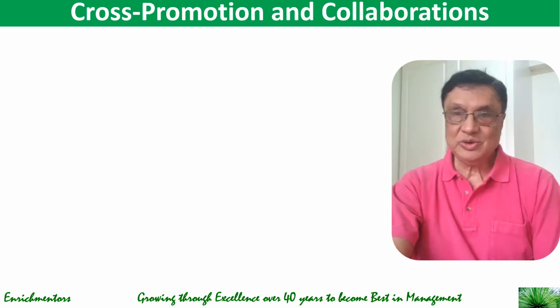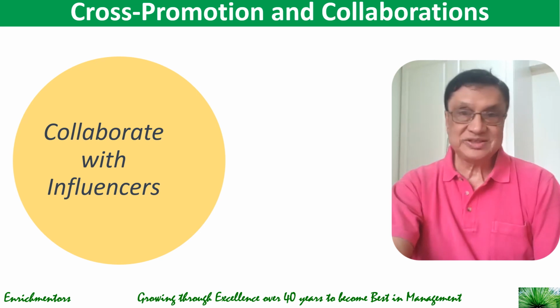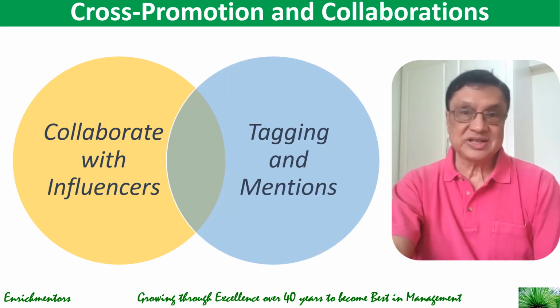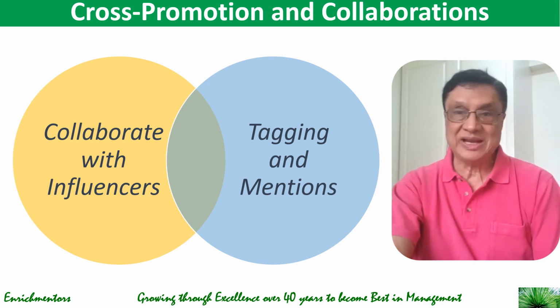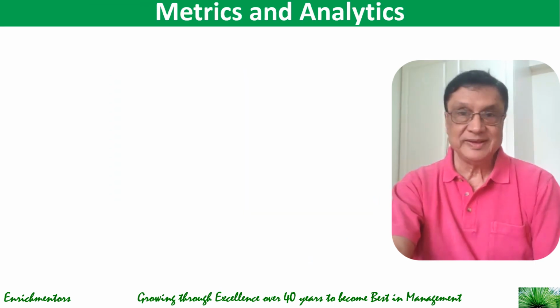Cross promotions and collaborations is another part that you can use for your marketing strategy. You can collaborate with influencers and other businesses for cross promotions. You can do takeovers by influencers of your page to introduce your brand to a new audience, their audience. Also, tagging and mentions is another thing. Encourage users to tag and mention your brand in their stories for increased visibility.